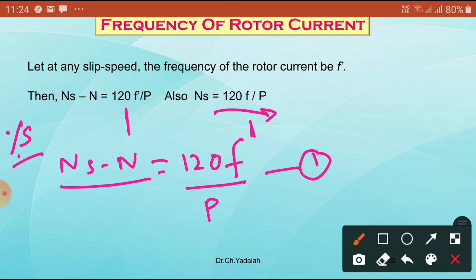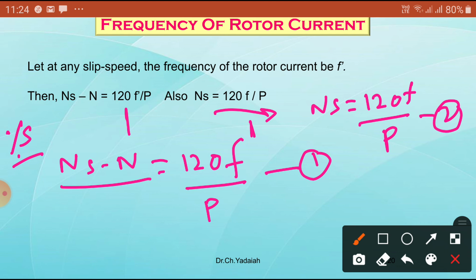Now under the standstill condition, Ns is equal to 120 F by P. This is the second equation, under standstill condition, where the speed is zero, whereas the first is at some slip speed.